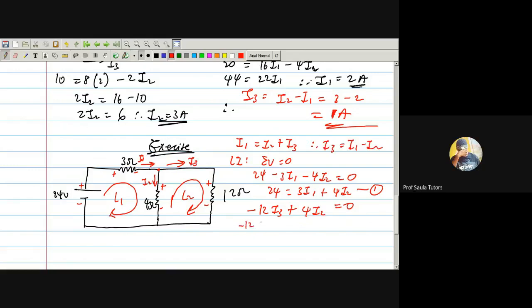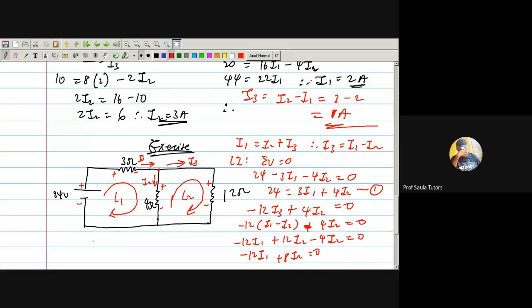So I have minus 12(I1 minus I2) plus 4I2 equals 0, so minus 12I1 plus 12I2 minus 4I2 equals 0. From here, I have minus 12I1 plus 8I2 equals 0.